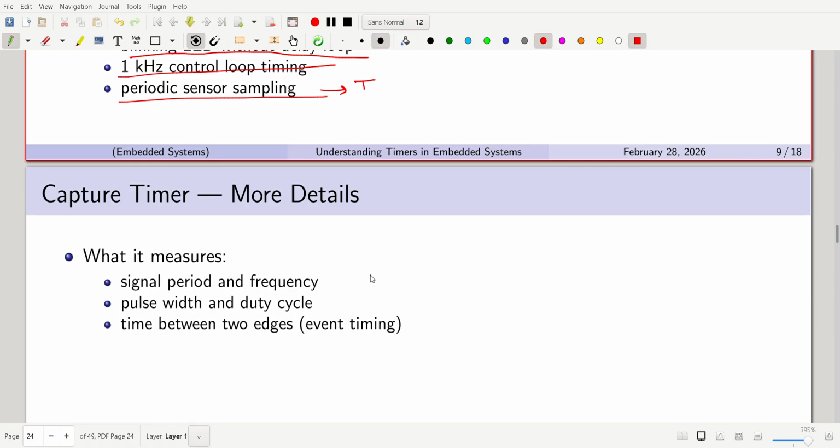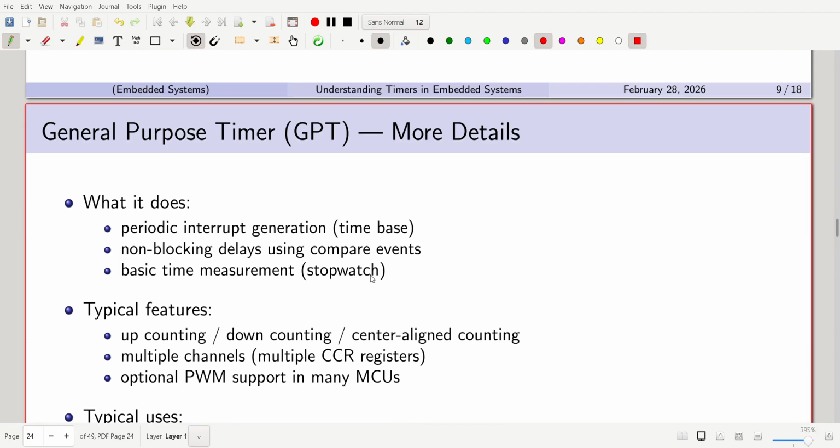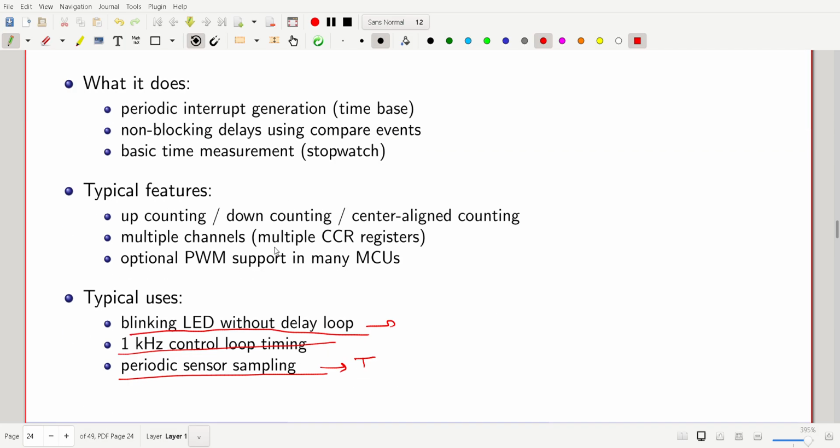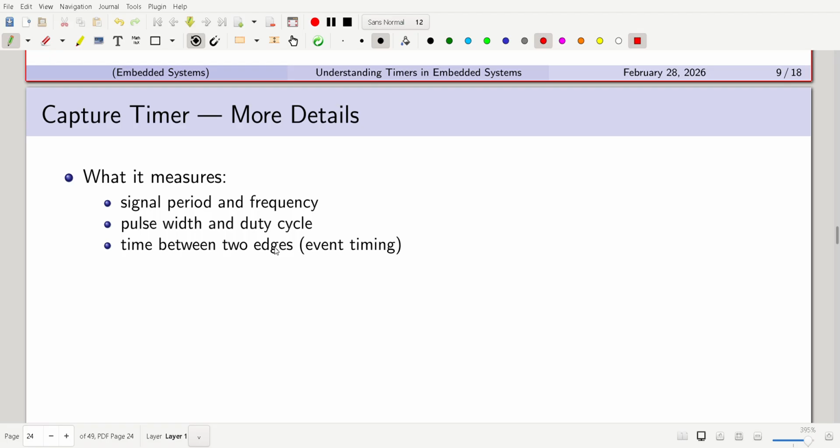Now for the capture timer in more detail. We proceed to the other types of timer; we discussed general purpose, now we move on to the capture timer. It measures signal period or frequency, pulse width, and duty cycle, meaning what time is on and how much is the time period.